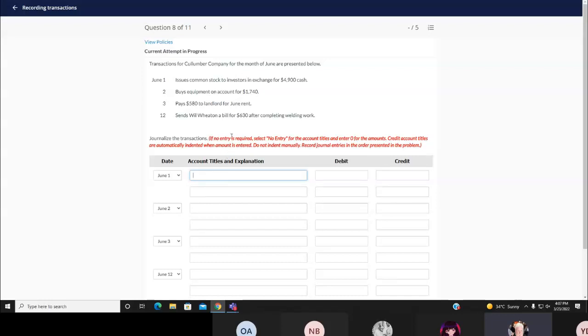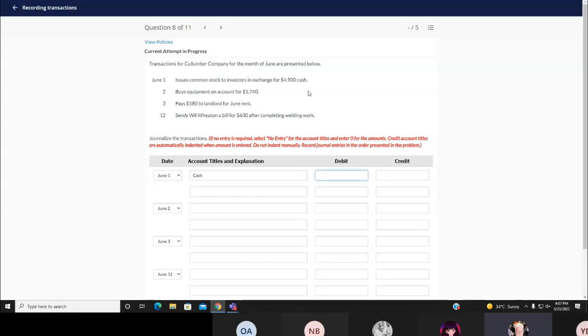What two accounts were affected? Now, when you record, you always record the account that is debited first. Which is? What's the account that's debited? Right. Okay, now put the debit in. How much? Now you're learning how to record.